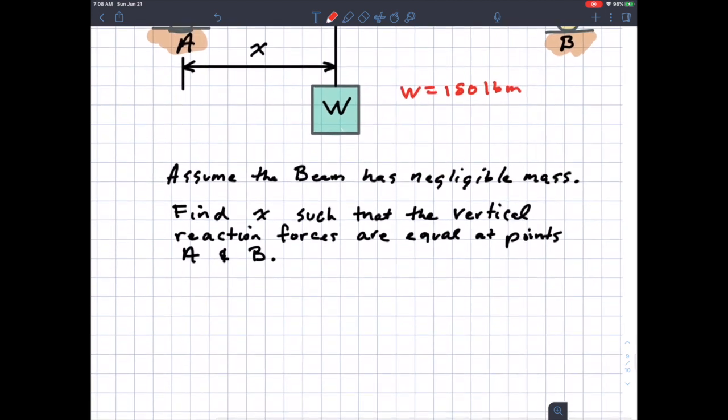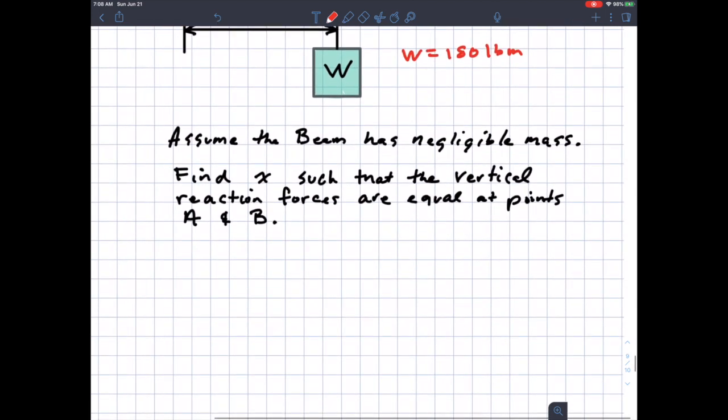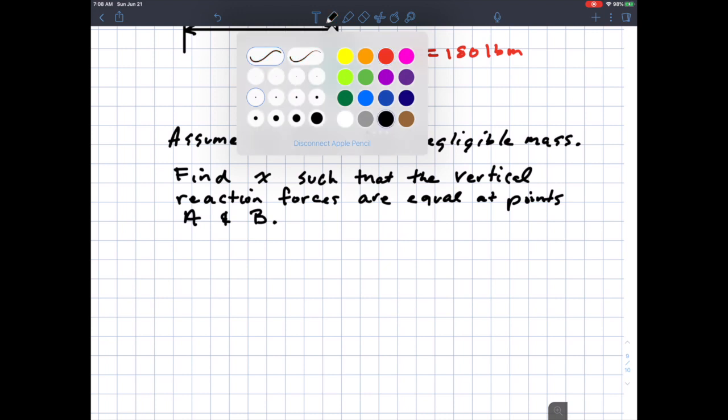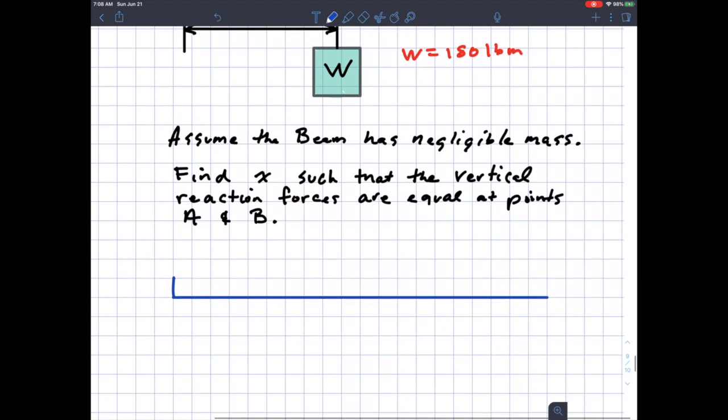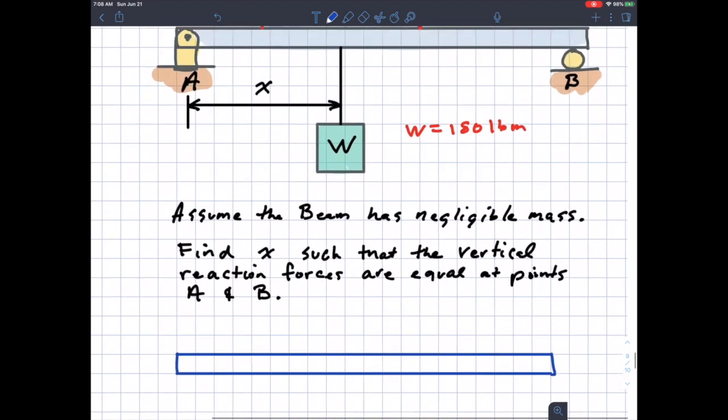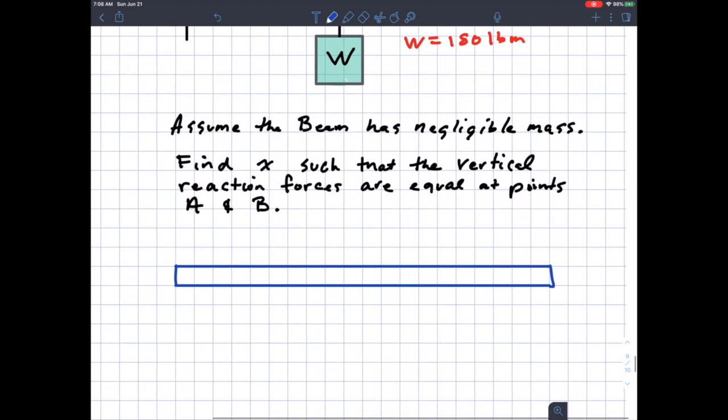All right, so the first step, of course, is the free body diagram. So let's draw that in blue. Here's the beam. We notice there's a pin at A, so we would have reaction forces, which I'm just going to call AX and AY.